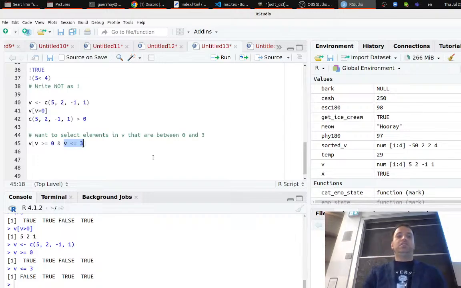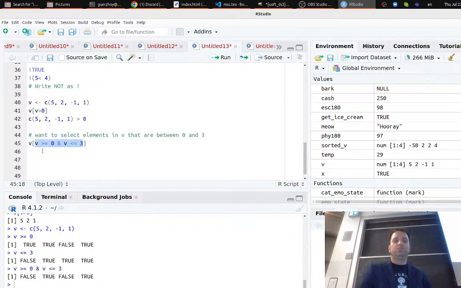Then if you say this and this, we ask: is this true and also this true? Is this true and also this true? And so on. It's only true if both the left and the right are true. So V greater or equal than 0 and V smaller or equal than 3 is going to be like this. 5 is greater or equal than 0, but not smaller or equal than 3, so that corresponds to false.